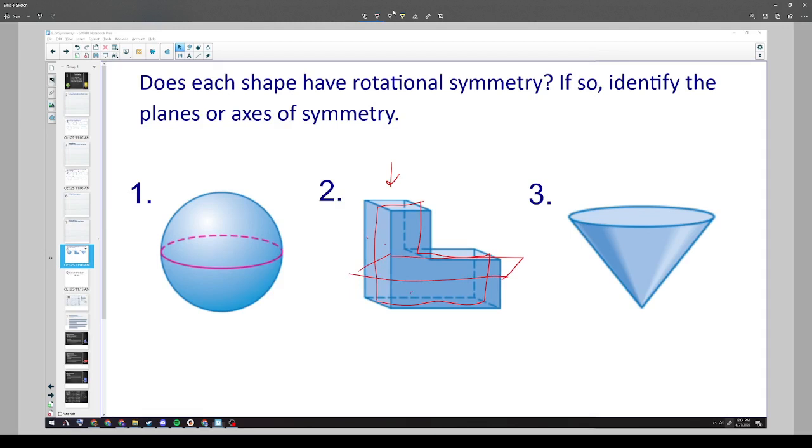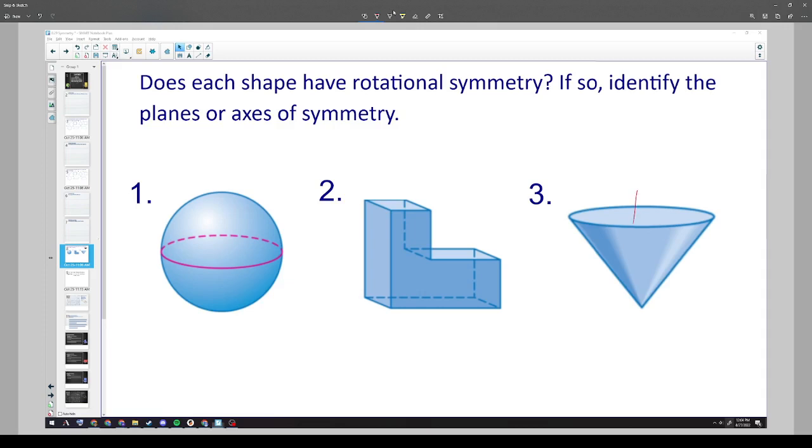So here we have plane symmetry, and we only have one plane of symmetry. We don't have any rotational symmetry on this shape. If we try to spin this shape around, there's no way that we can spin it to recreate this shape.